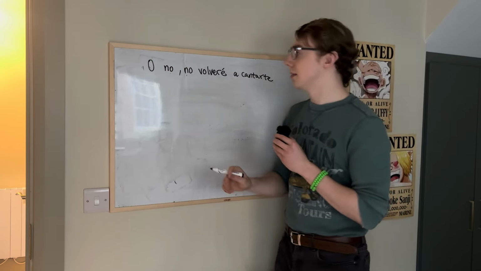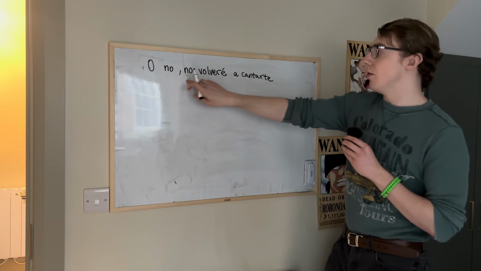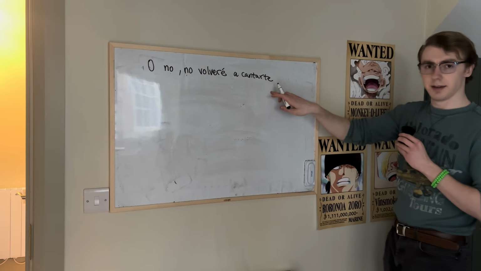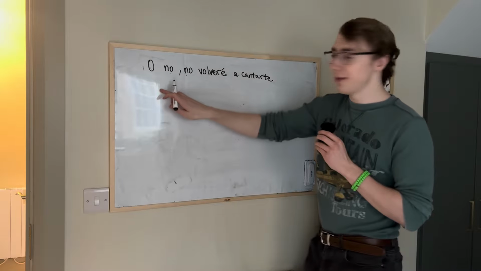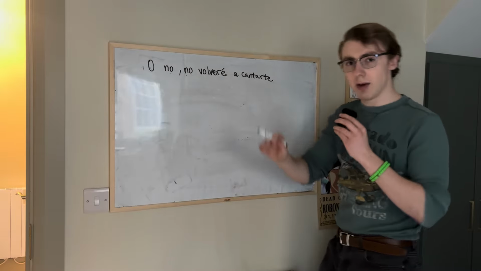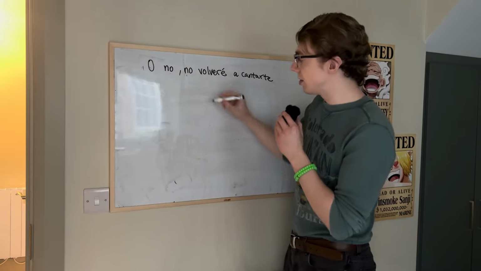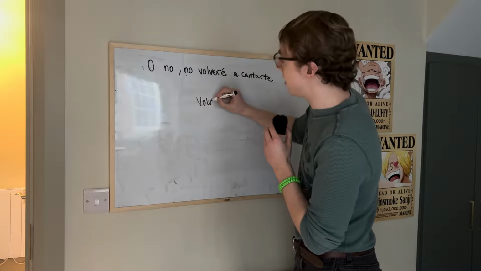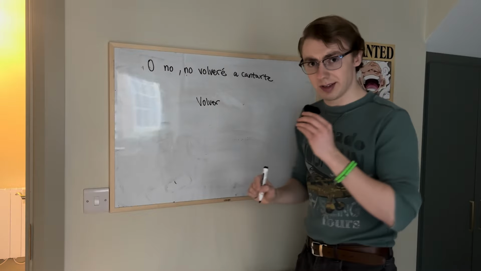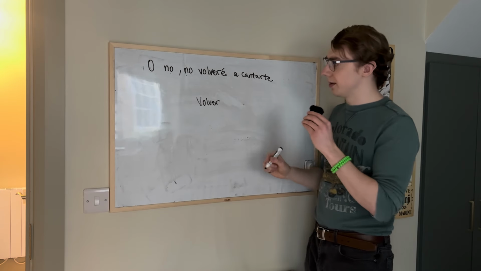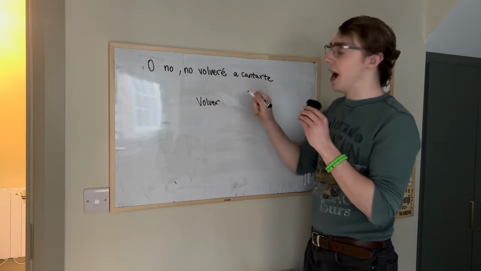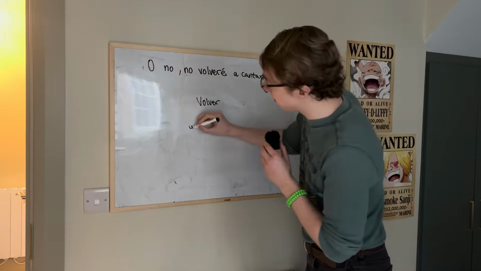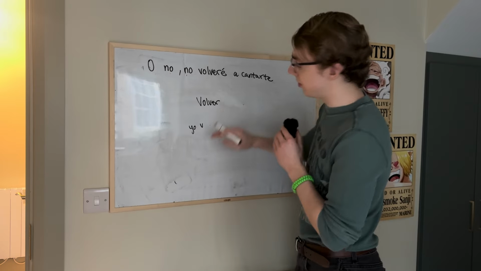So now, oh no. No volveré a cantarte. So this just means oh no. No volveré means I won't return. So we just covered volver, but now we have a new concept. This is the simple future, right? So will return. I will return. For I, what you're going to do, well, this is for all of them.